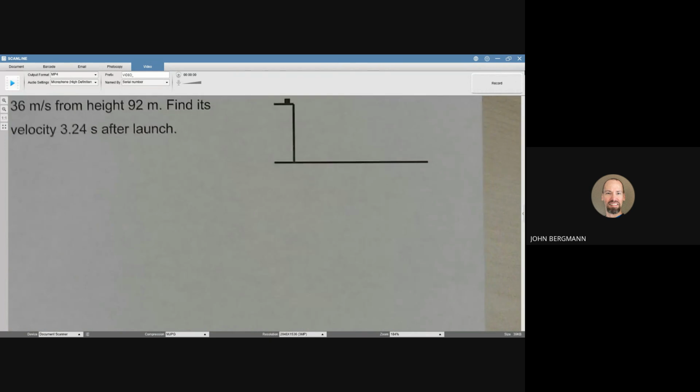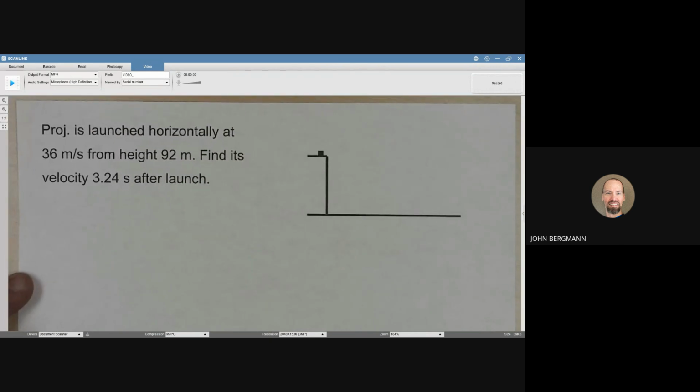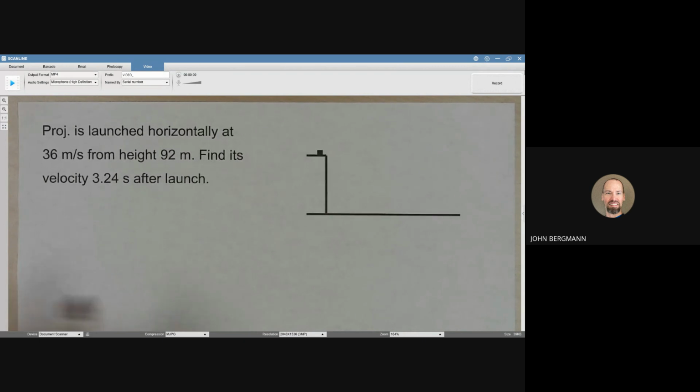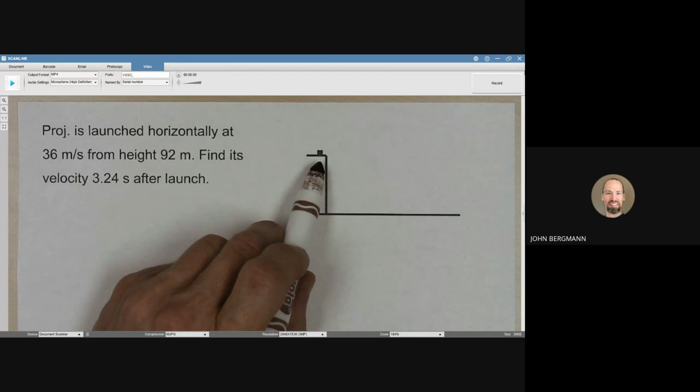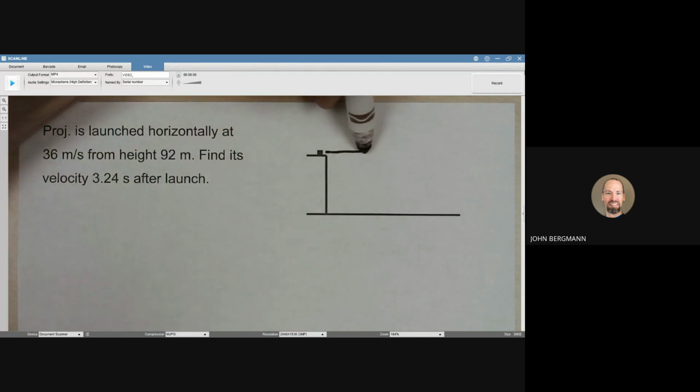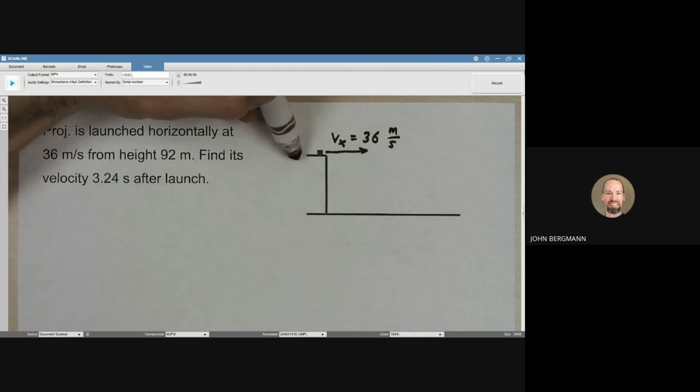Let's do one more. Same scenario as in the previous video, except in the previous video we were figuring out where this projectile was, and now I want to know how it's moving after launch. Vx is 36 meters per second.